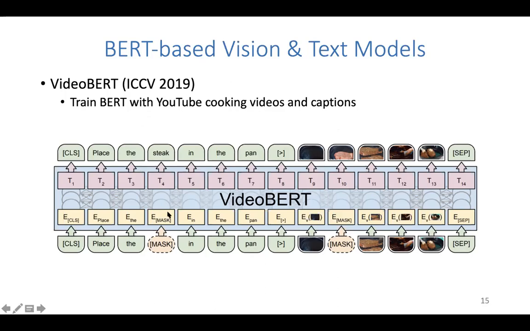Given place the steak in the pan, you randomly mask 15% of the text and 15% of the sampled images, and then try to reconstruct their identity. Here you want the model to predict the steak, and here you want it to predict the token embedding of this image, and that's basically it.